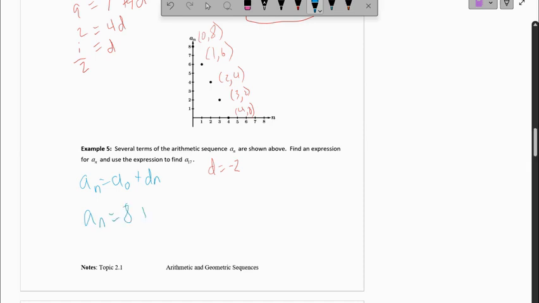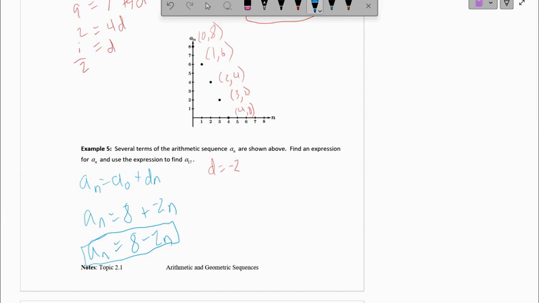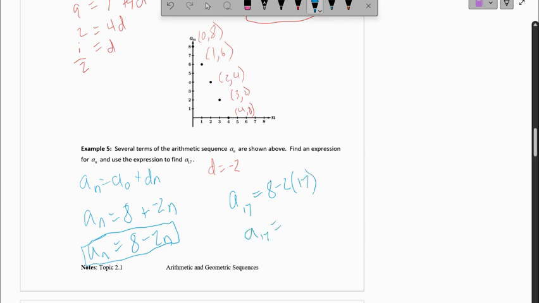My initial is 8 plus negative 2n. Obviously, I can simplify that a little bit to 8 minus 2n. And there's my equation for this sequence. And then just like always, A17 means plug in 17. So you plug it in and simplify, and you get negative 26.